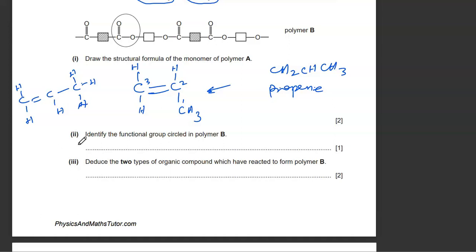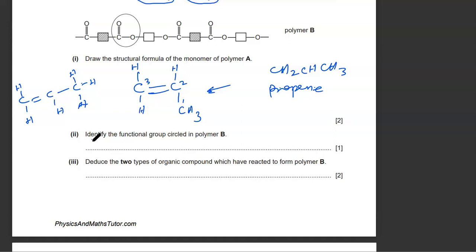Okay. So identify the functional group in the circle for polymer B. What's the functional group? So I was going to say, oh yeah, carboxylic acid. No, in the polymer.